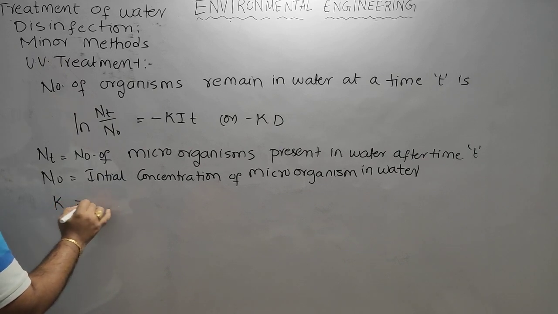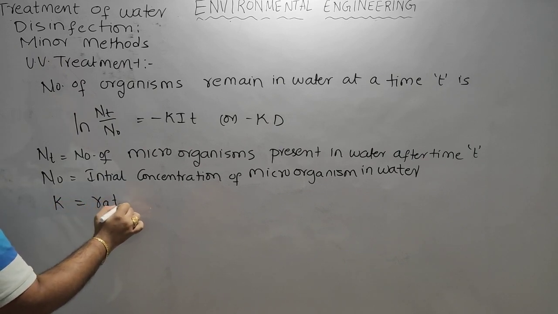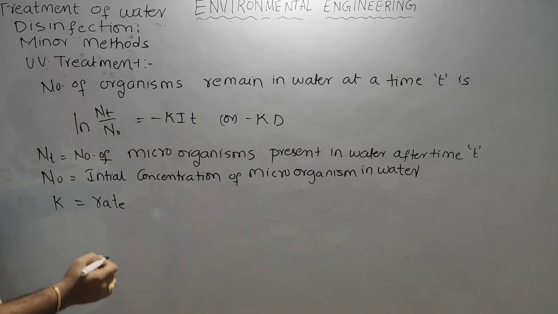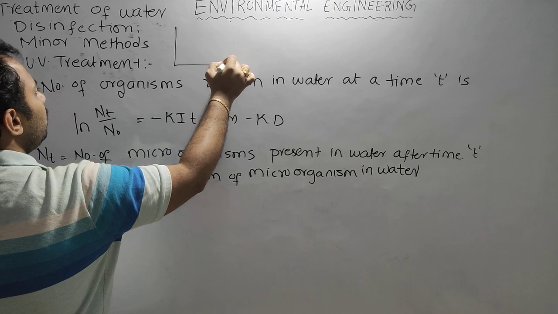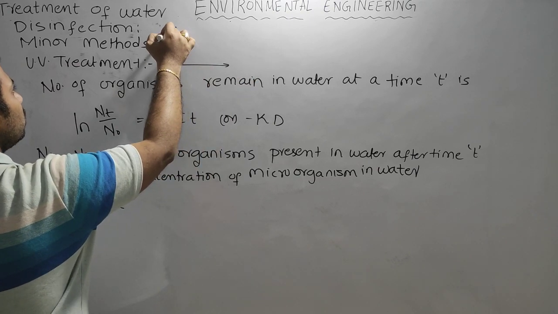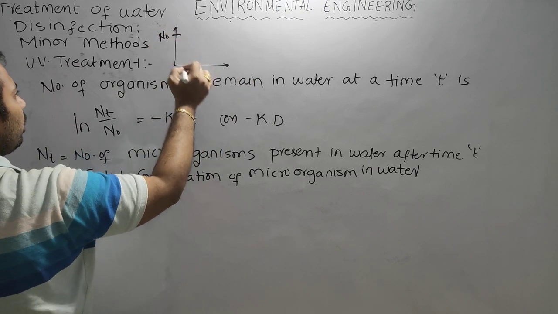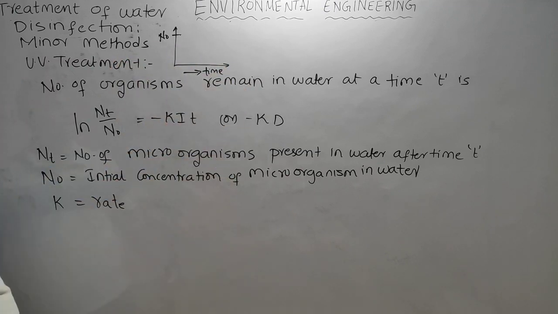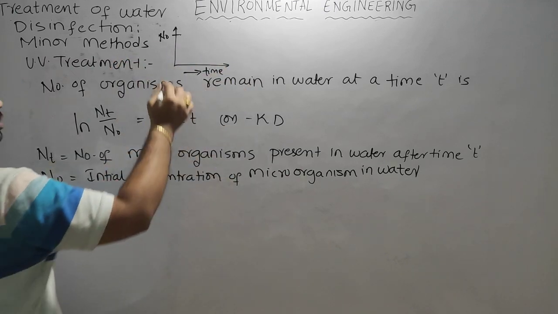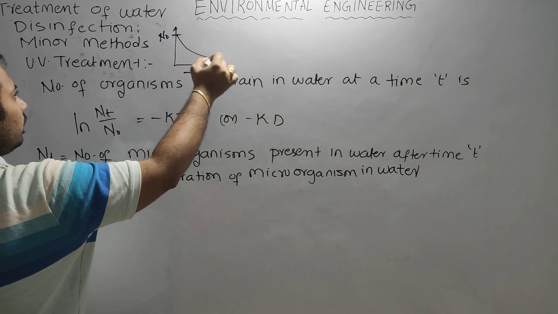K is the rate constant. Rate constant is nothing but the slope of the decay graph. See, how have we derived this? Initially the number of microorganisms is N0. When you increase the time of contact of water with the UV ray, what happens? This reduces like this.